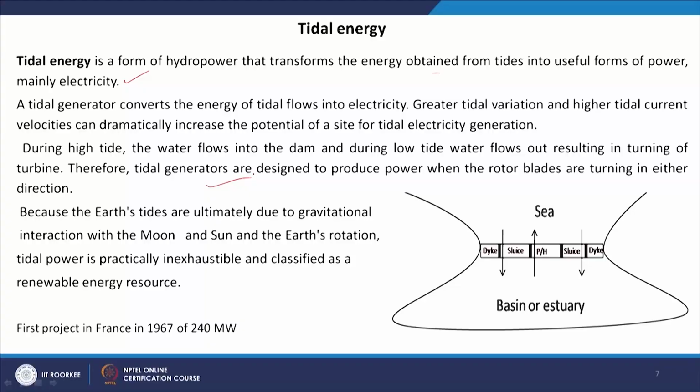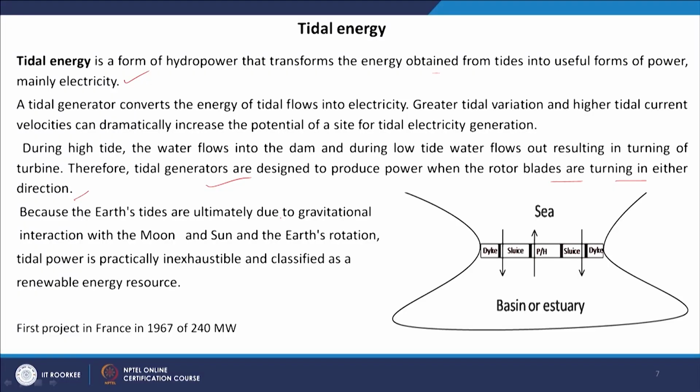So, tidal generators are designed to produce power when the rotor blades are turning in either direction. So, that is the main difference between the wind turbine and these tidal turbines.